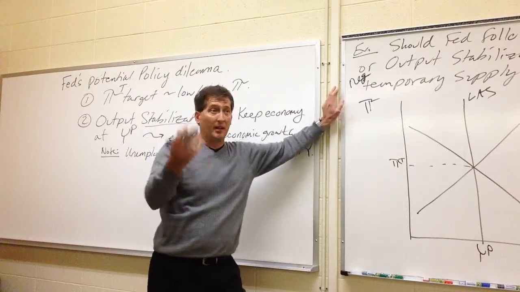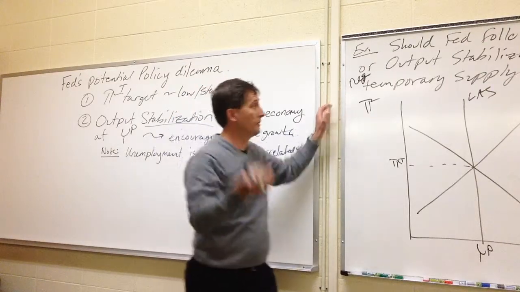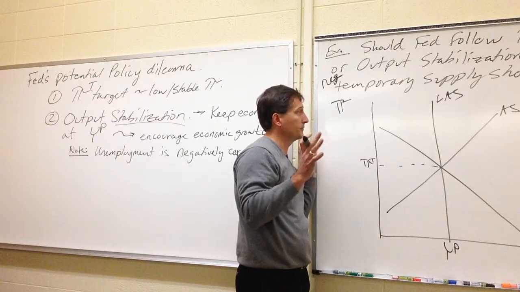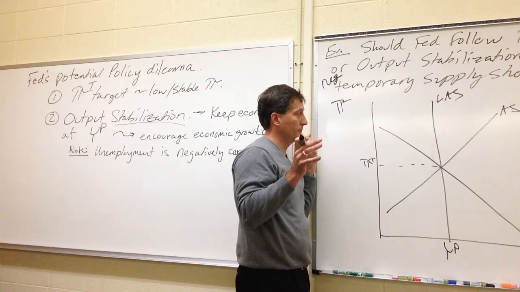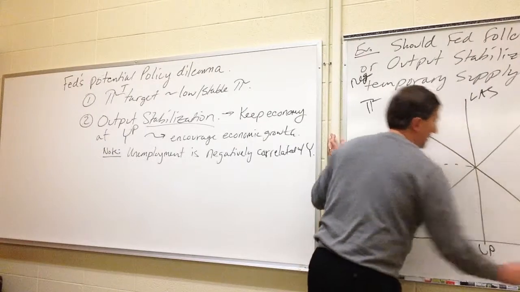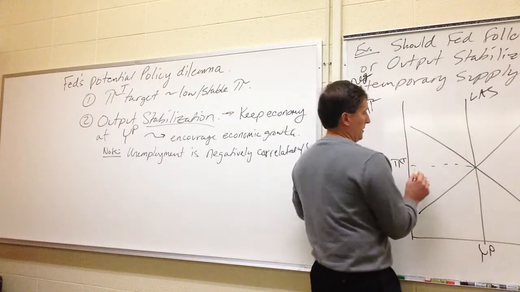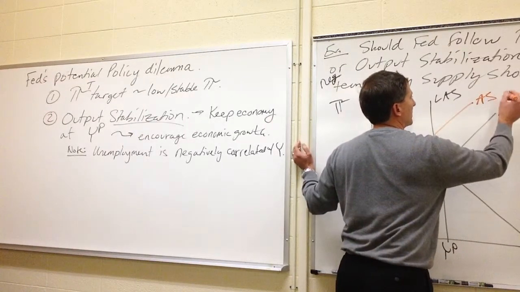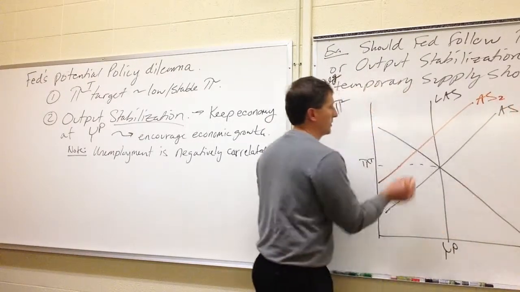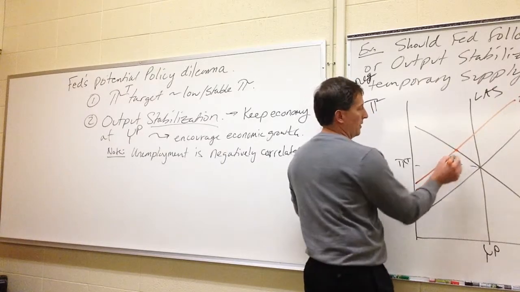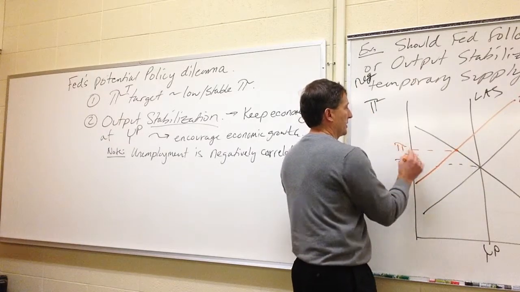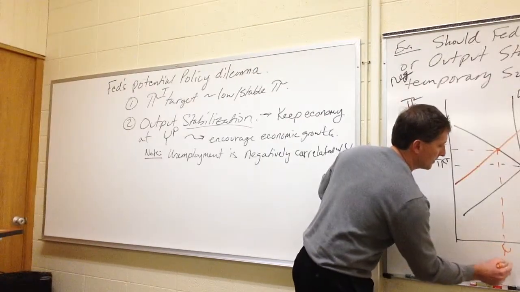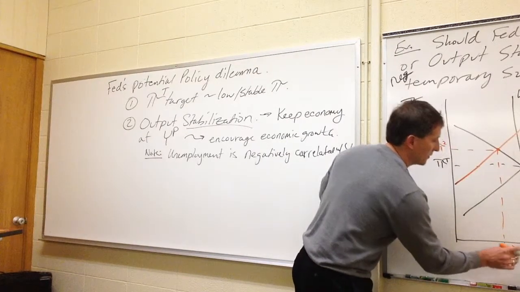So, same one we did the first time earlier this week. So if it's a temporary supply shock, what moves? Yeah, aggregate supply, and it heads in the negative direction to AS2. Inflation starts to climb, and output falls.